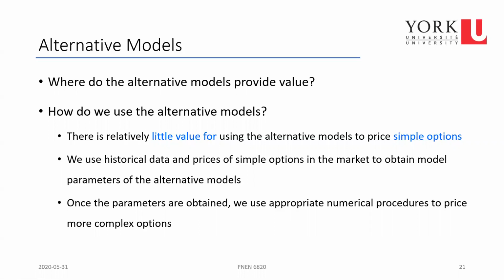So for those simple options, Black-Scholes is actually very good, or you may be able to just adjust the model a little bit by getting some sort of an average volatility, and then you can still price it using the Black-Scholes approach.